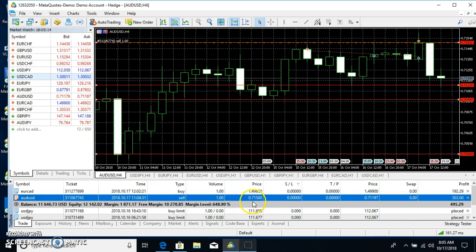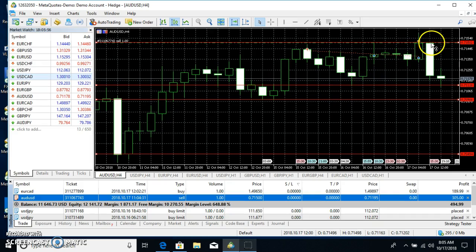As you can see, 7150, 7119, that's 30 pips. 4965, 4990, that's 25 pips. Now, how this is done is, what is a pending order?